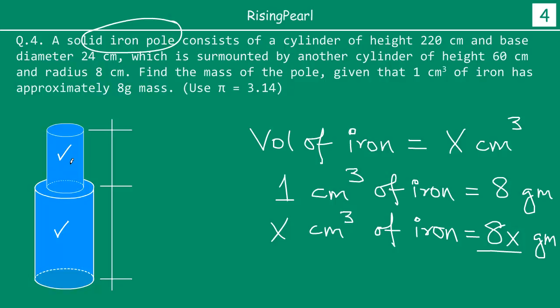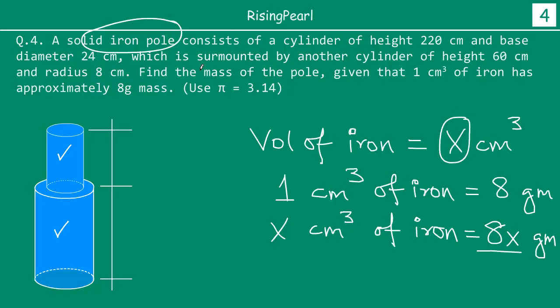So we have to find out the total volume of the pole, so we have to add both the volumes. Then the third step was that we found out individual volumes by using the formula pi r square h. We found out this volume, we found out this volume, then we added them. That is how we got x.